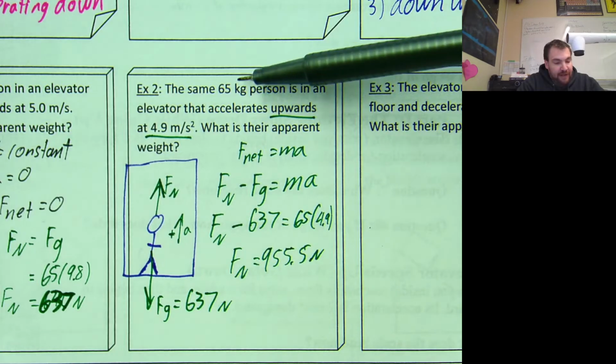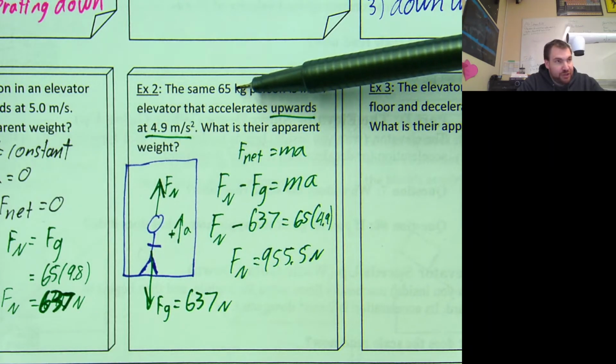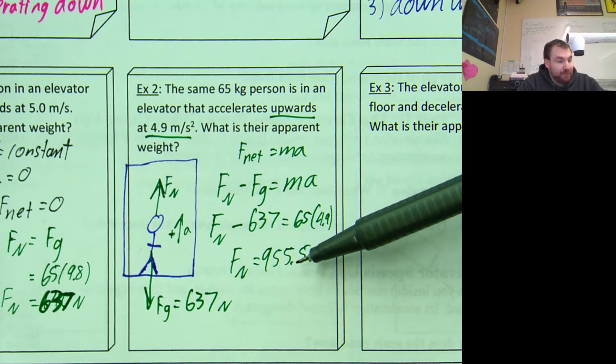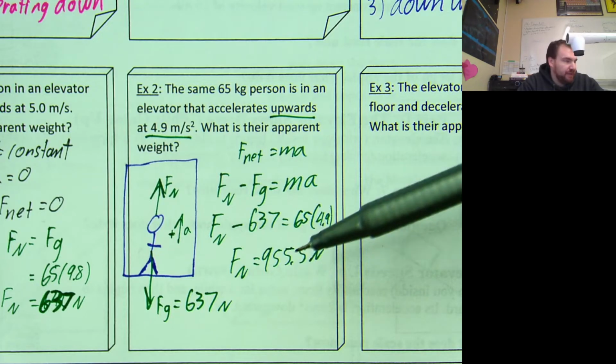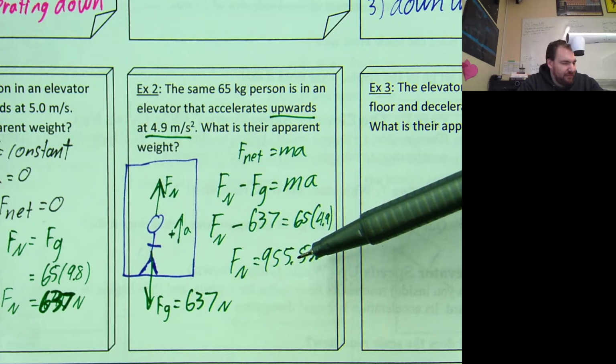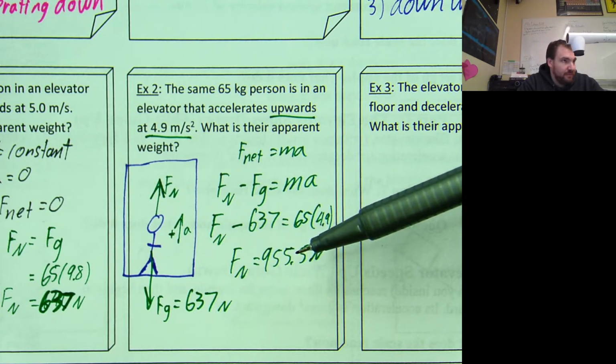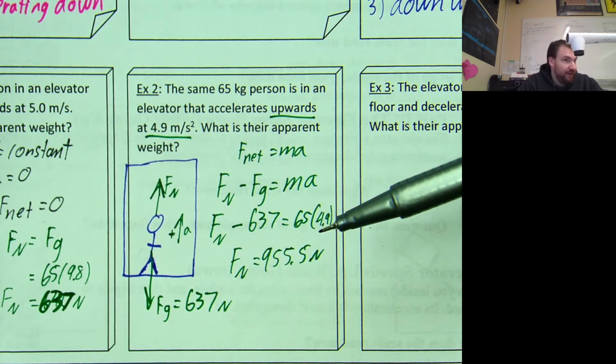So it would feel like this. What this feels like is if the person had gained 20 kilos, give or take, which is 44 pounds. If the person suddenly gained 44 pounds, this is what it would feel like.